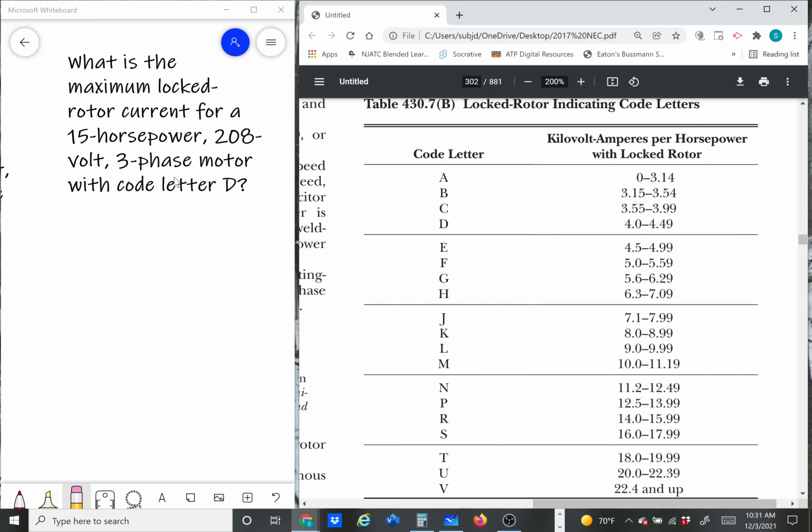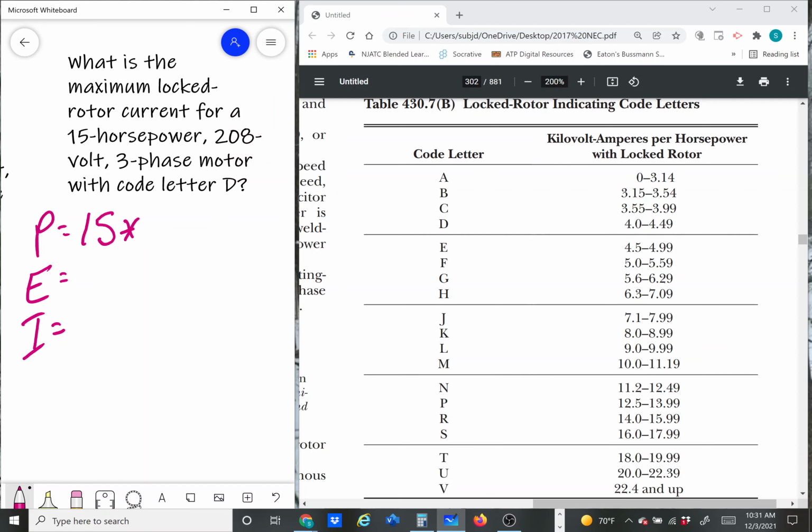So, no lie, we're going to pretty much just use Ohm's law. My power is going to be 15 horsepower, and I have to multiply that by, over here on table 430.7b, my code letter D has the values of 4.0 to 4.49.